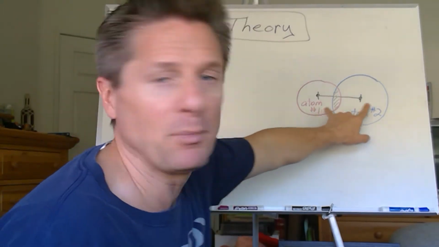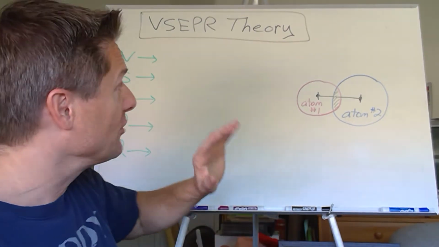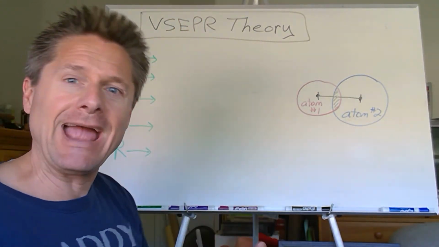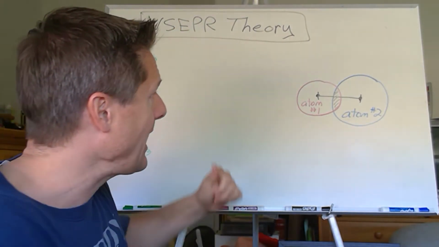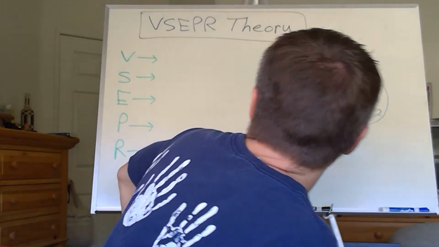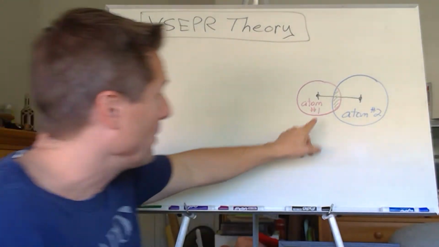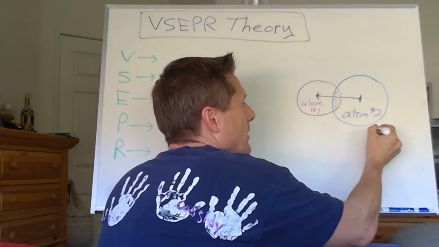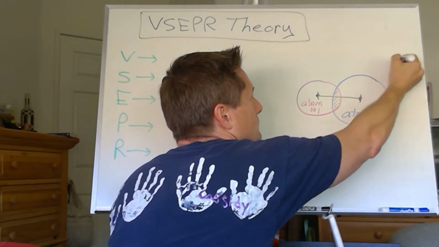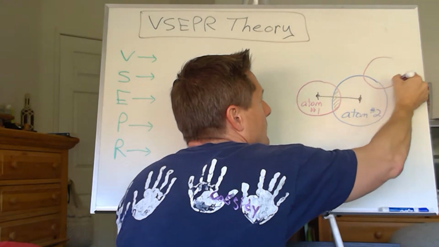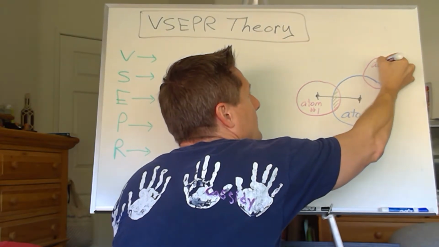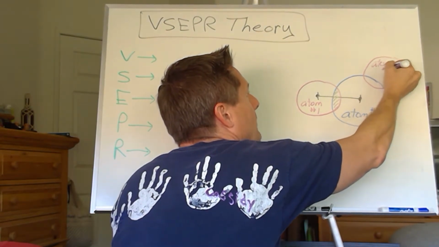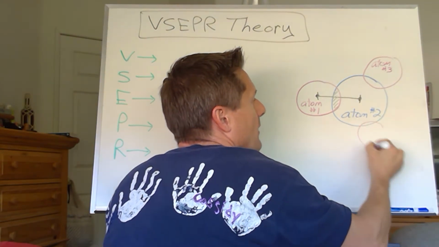So we'll just keep a simple bond here between atom number 1 and atom number 2. VSEPR is an acronym that talks about how these particular atoms are going to come together. But let's say this actually connected with several atoms. Let's say we've got another one here. Say we've got an atom here. Let's call that atom number 3. And let's say we've got another one here.